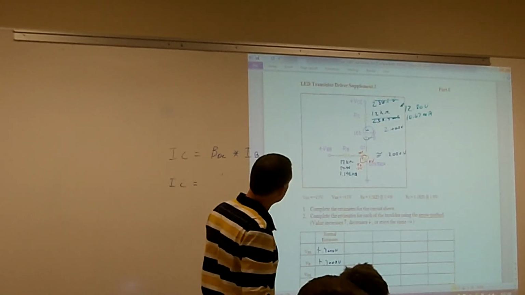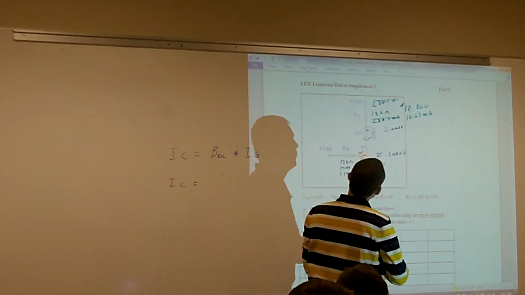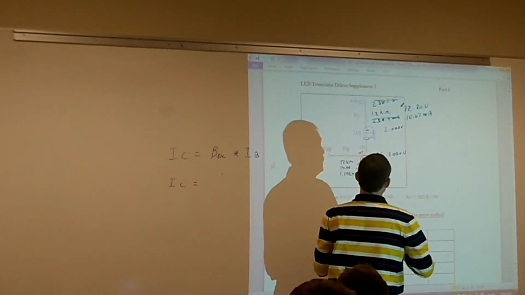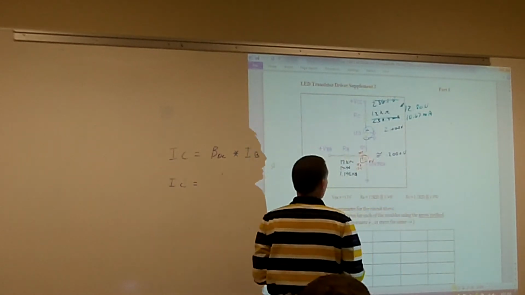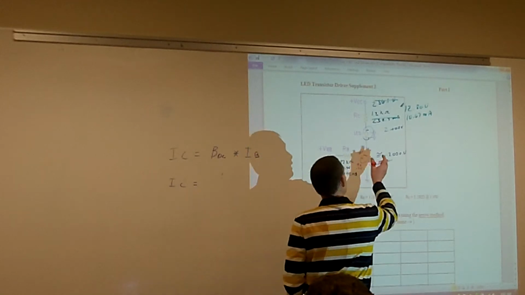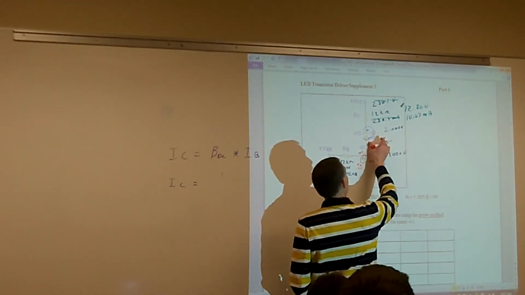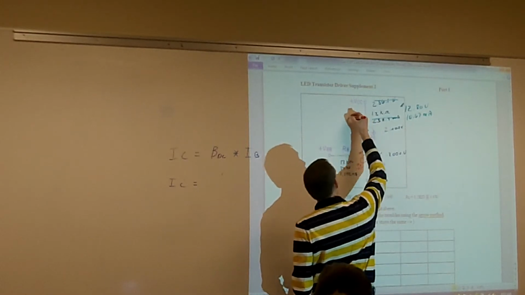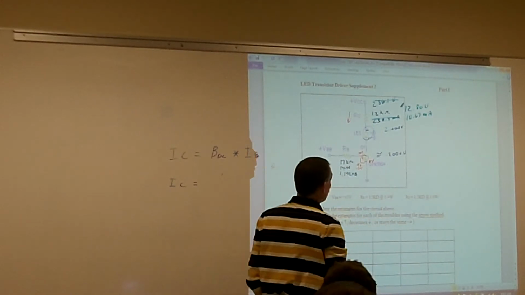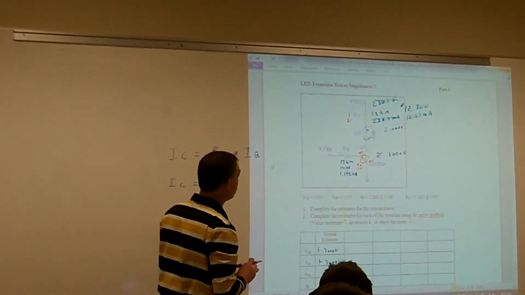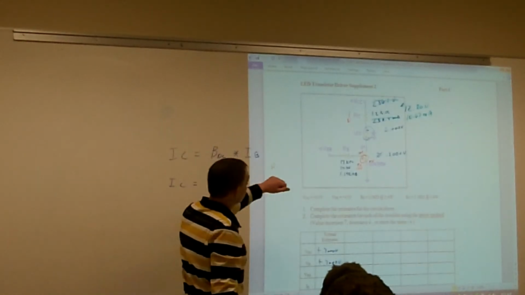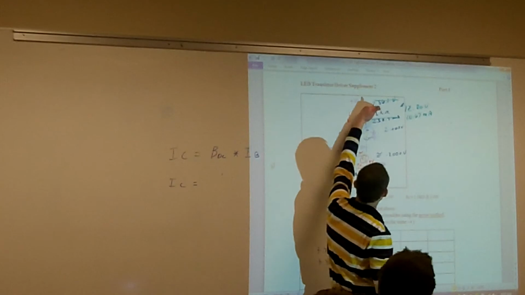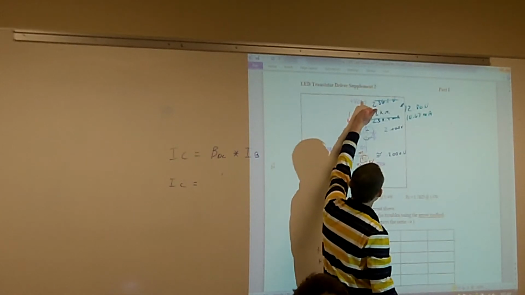So if I wanted to change the current going through that LED, let's say it's not as bright as I wanted it to be, I could go ahead and lower my RC a little bit. It's still going to drop to 12.8 volts as long as I recalculate that I'm more than my PCC.